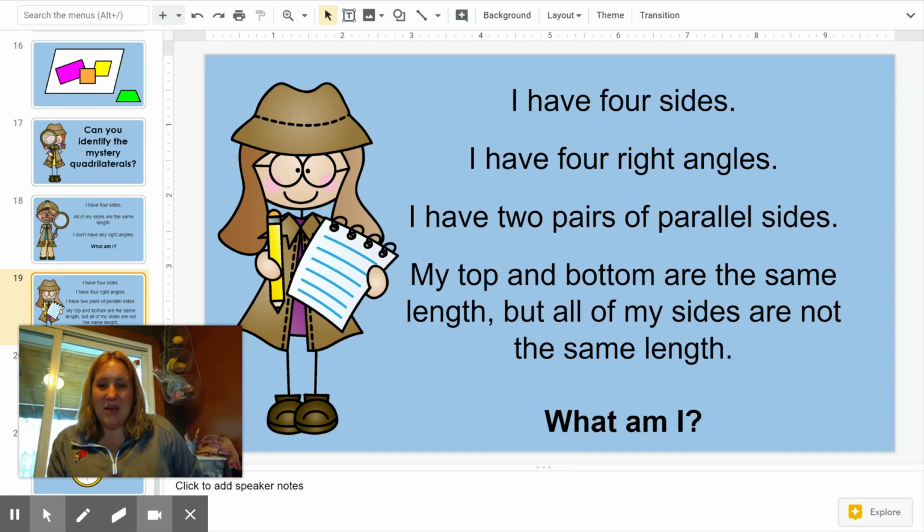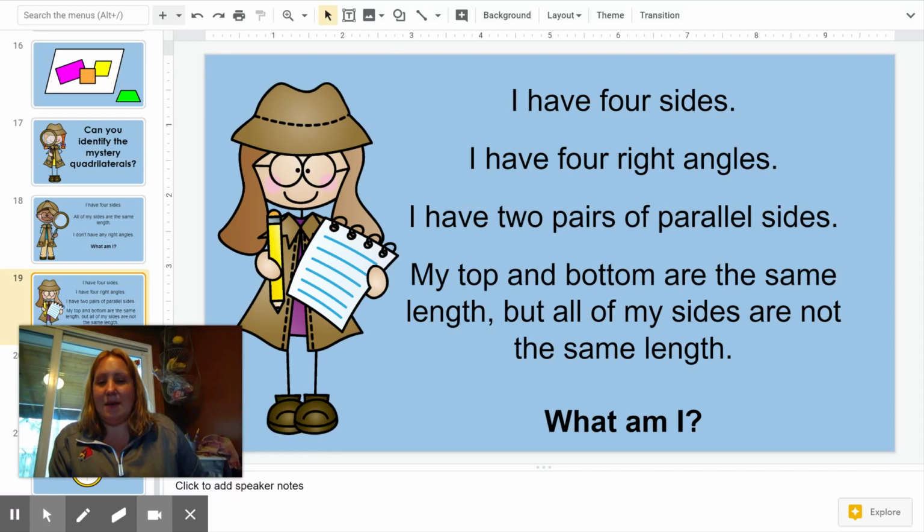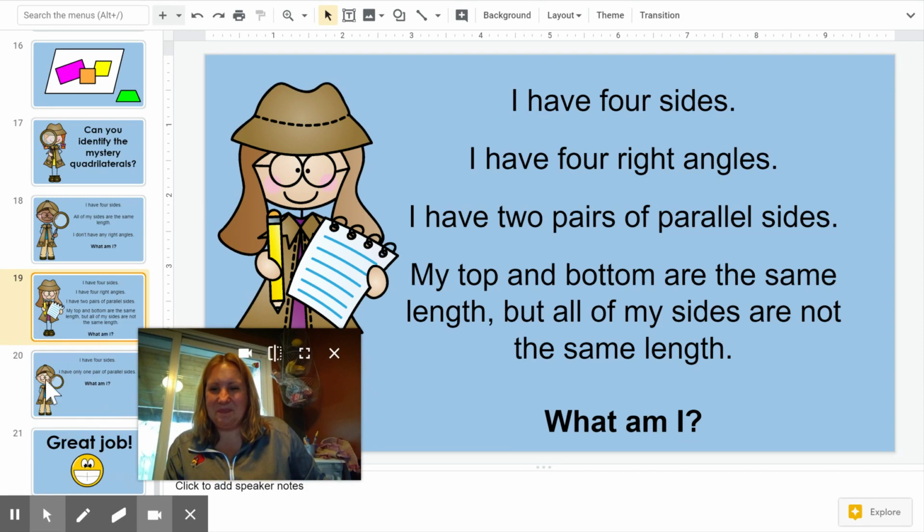And hopefully on that one, you came up with a rectangle. A rectangle has four sides. It has four right angles. The top and bottom are parallel, and the two sides are parallel. And then finally, the top and bottom are the same length, but all of the sides are not the same length. What if they were all the same? Then it would be a square, right?